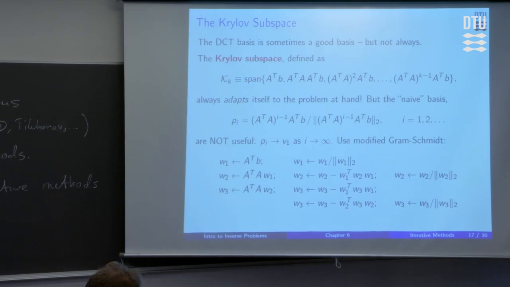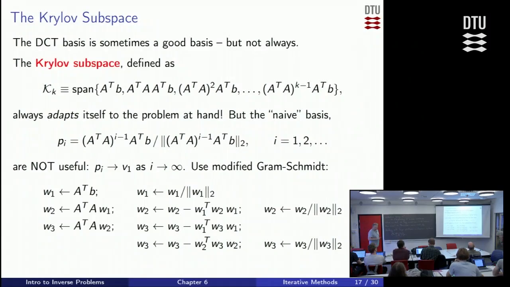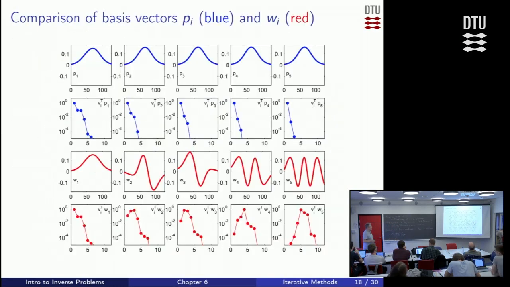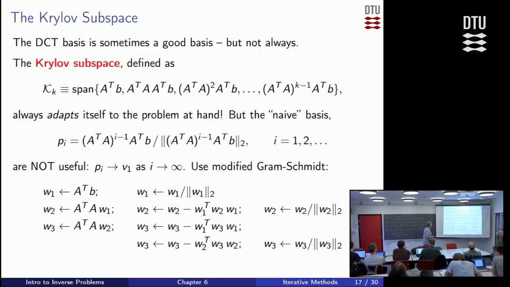So let's see how that works. Again, I take my test problem, and that's going to be the same problem as before. I generate these W vectors now in the Krylov subspace, and I do my projection.